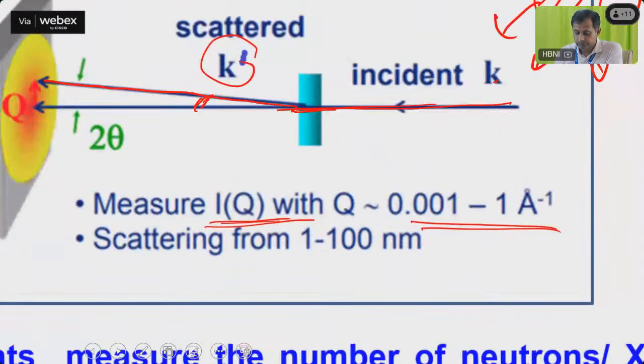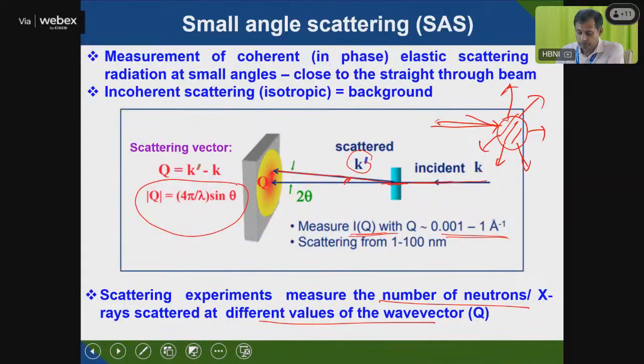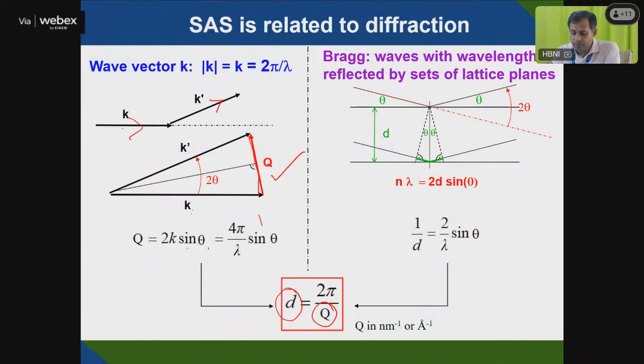And we know that Bragg's equation, for diffraction to occur, is n lambda equals 2d sine theta. If n equals 1, this is lambda equals 2d sine theta, the first order plane.